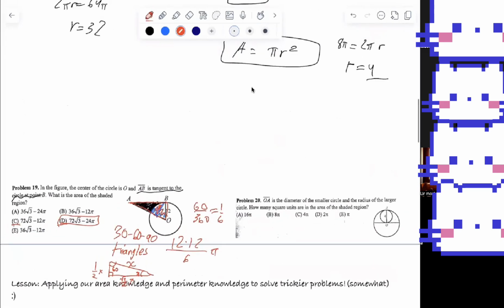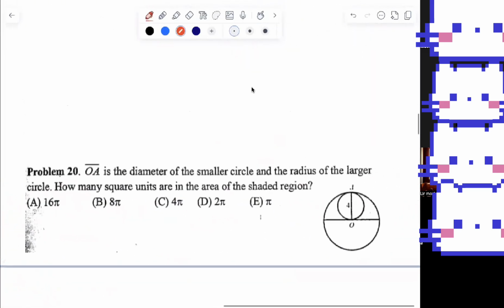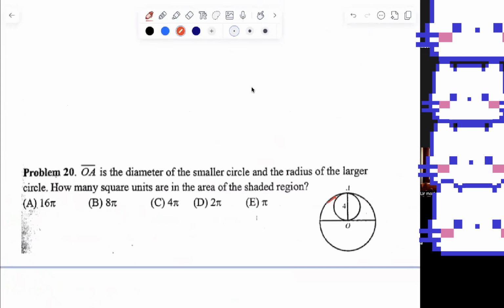And then 20. The shaded region is this place. Basically, you have to find the area of the smaller full circle, which is right over here, and subtract that from the area of this bigger half circle. The area of the half circle is 8 pi, which is 1/2 of the full circle, and we know the radius is 4.